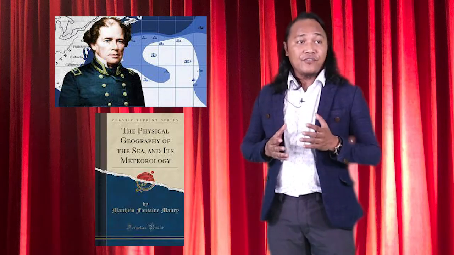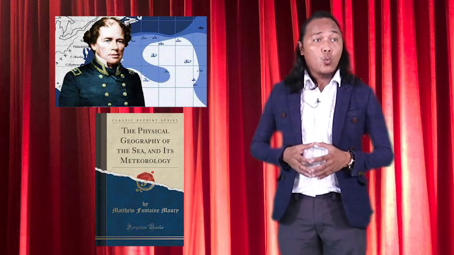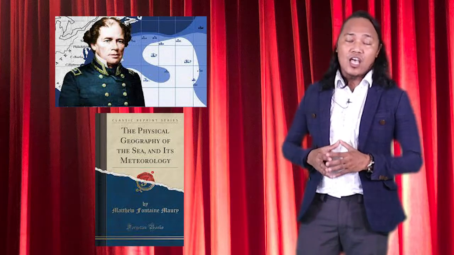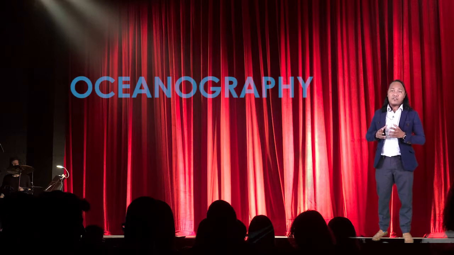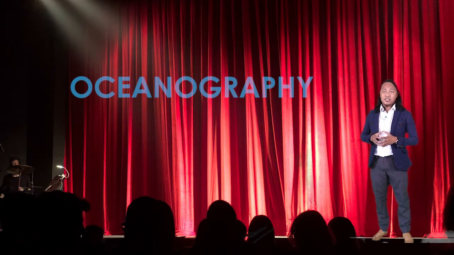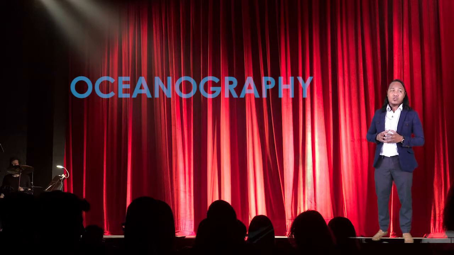His 1855 textbook, Physical Geography of the Sea, was one of the first comprehensive oceanography studies. Many nations sent oceanographic observations to Maury at the Naval Observatory, where he and his colleagues evaluated the information and distributed the results nationwide.